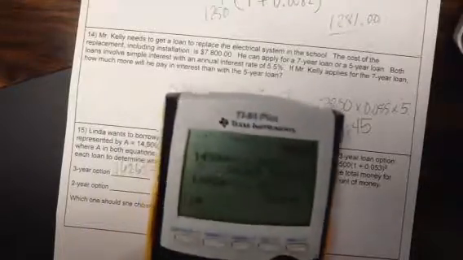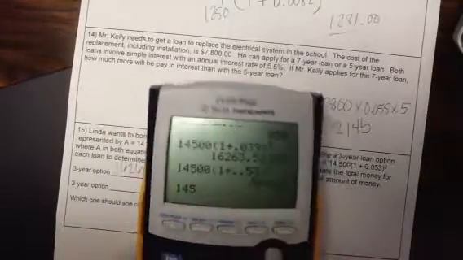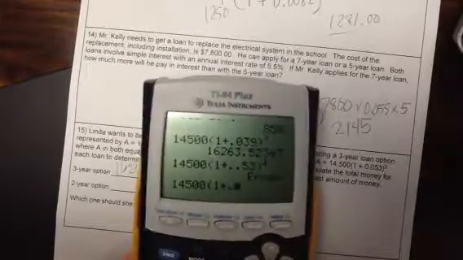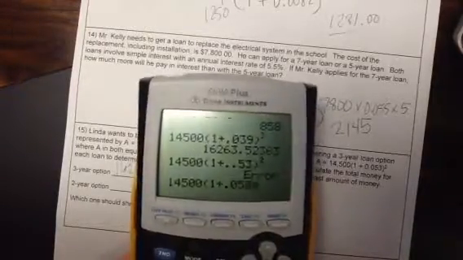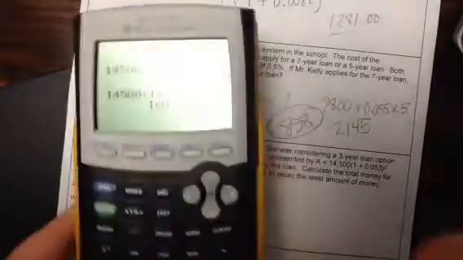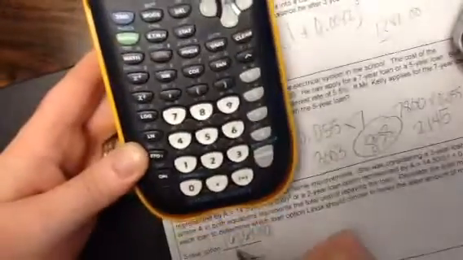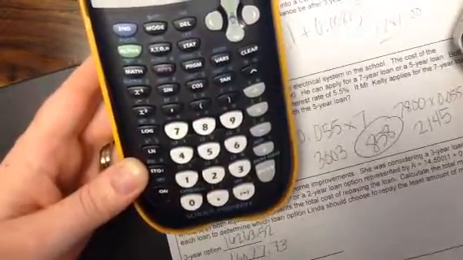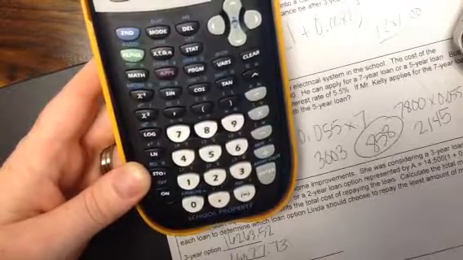Oh, I put too many dots. Why don't y'all tell me? Can y'all not see it? 1 plus 0.03 raised to the 2. Okay, so on the 2-year option, I'm going to put 16,077.73.